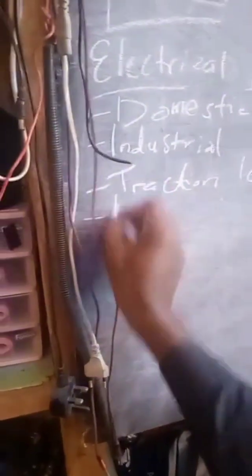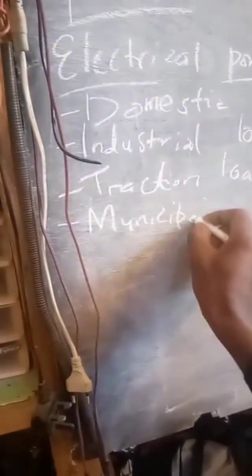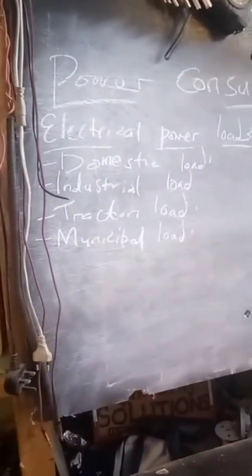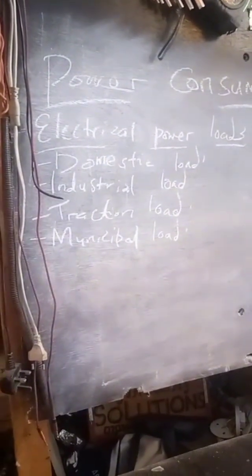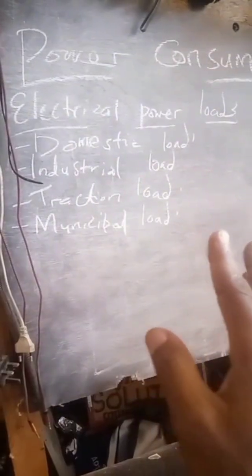Number 3, traction load. Number 4, let me not use the word lighting loads, let me use municipal load. If you have any other type of electrical load, let me know, but these are the major types of loads you will see in electrical consumption.